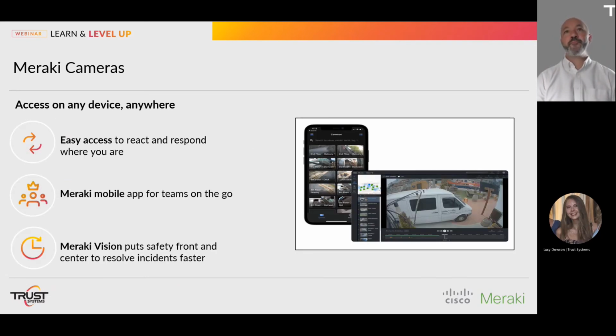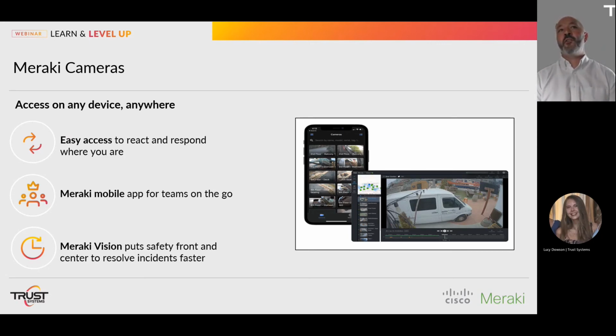And here, just as a bit of a visual without diving into a demo, this is the type of data that you can access via the Meraki Vision portal. You can set up alerts for when, for example, a person or a vehicle might come into a particular frame.